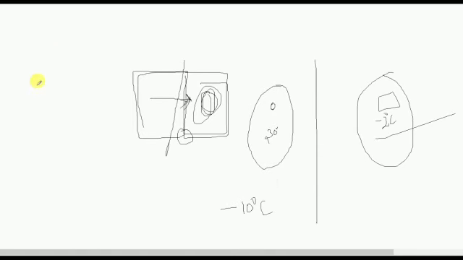Like, there is a bottle. You consider this is a bottle you are taking from the refrigerator. After being stored in the refrigerator, you took the bottle outside. Now the bottle is at 5 degrees Celsius. You are keeping this bottle in an open space.